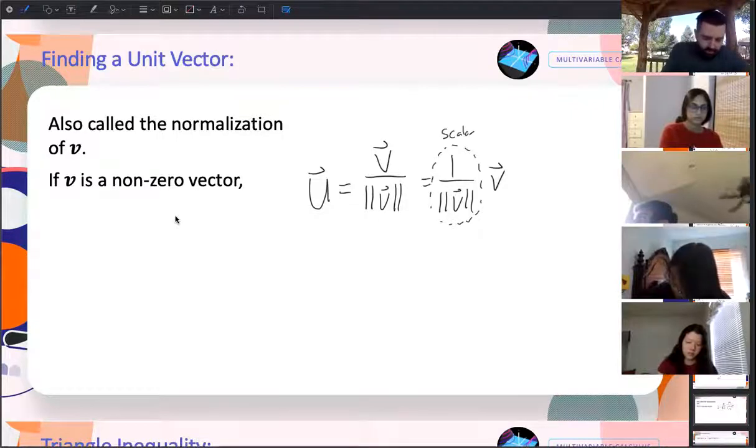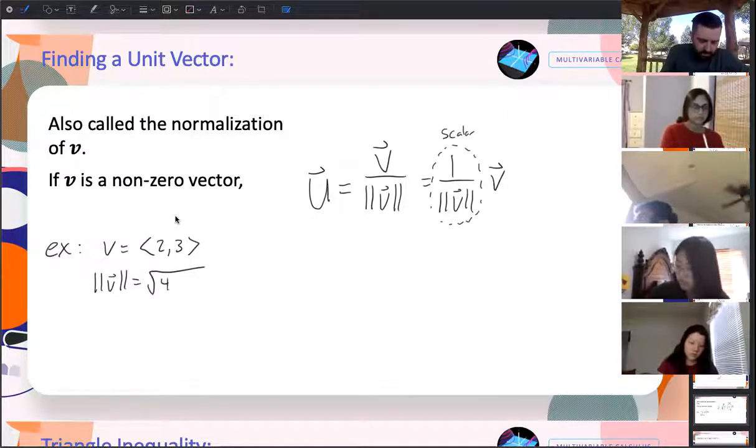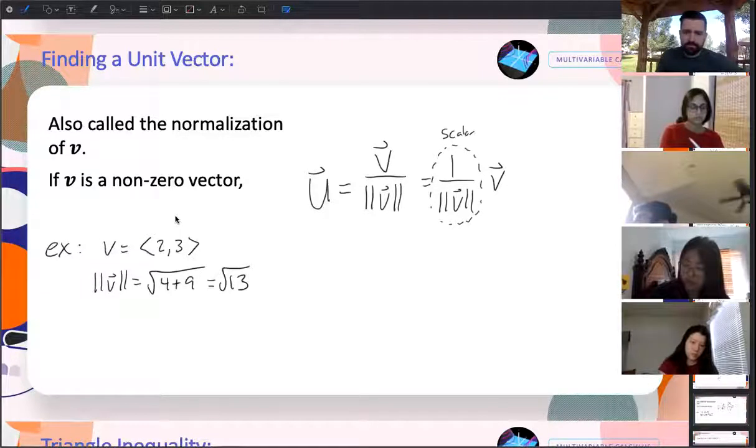So for example, if v was 2, 3, we could find the magnitude of v is the square root of 2 squared plus 3 squared, so the square root of 13.